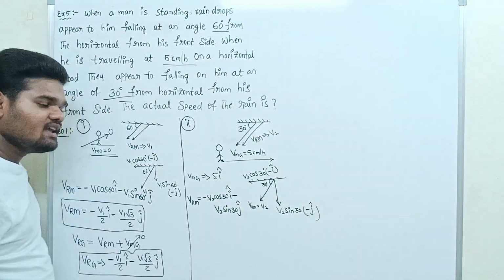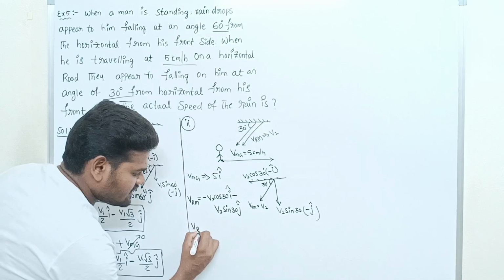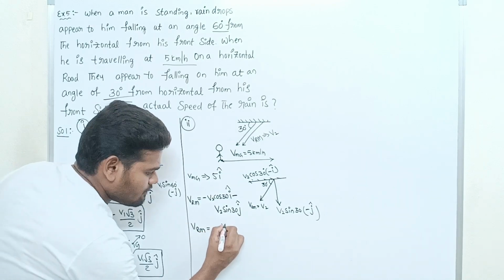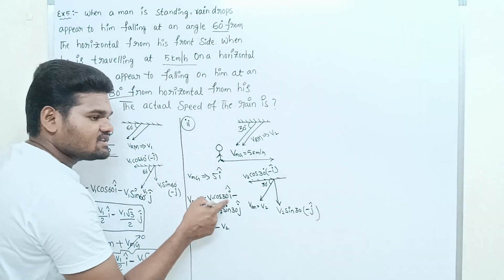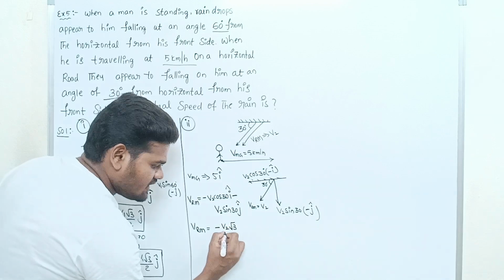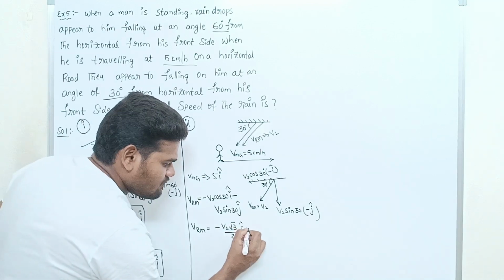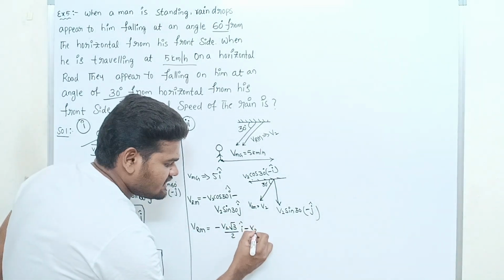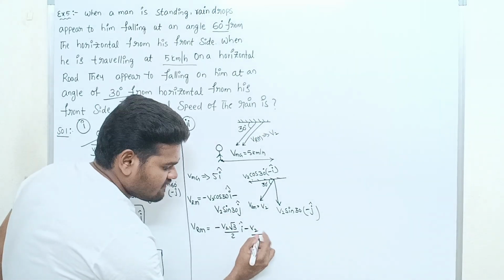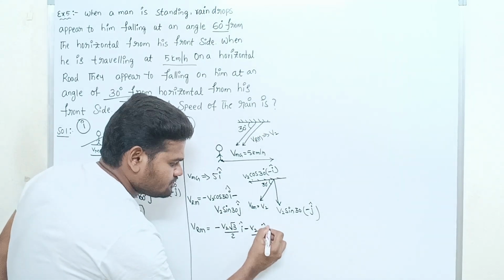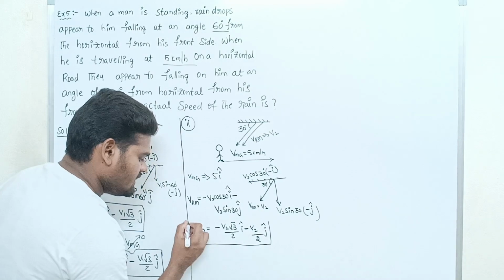What is the value of cos 30? Root 3 by 2. What is the value of sin 30? 1 by 2. So it is minus V2 root 3 by 2 i cap minus V2 by 2 j cap. Are you getting it?